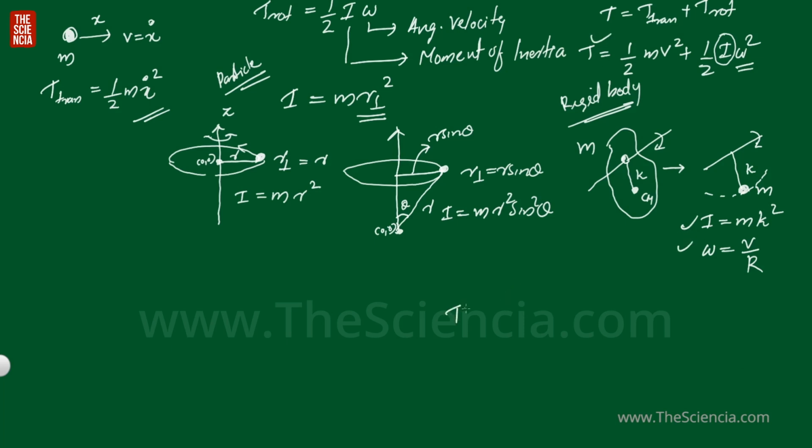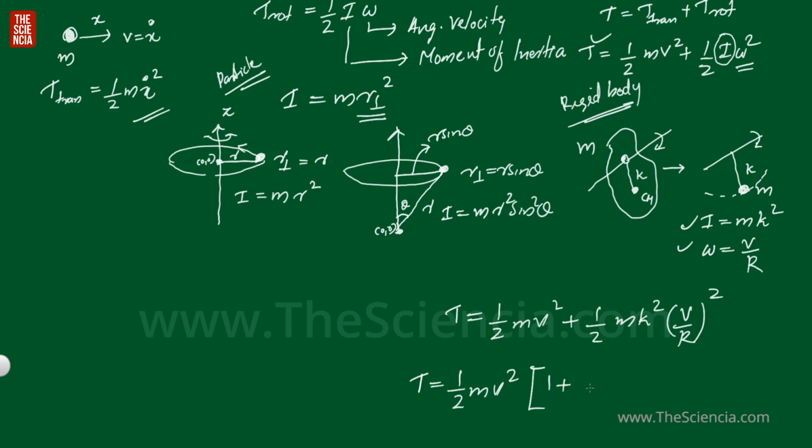So I get T equal to 1 by 2 m v square plus 1 by 2 I, which is m k square, into omega square, which is v by r whole square. That is, T equal to half m v square into 1 plus k square by r square.